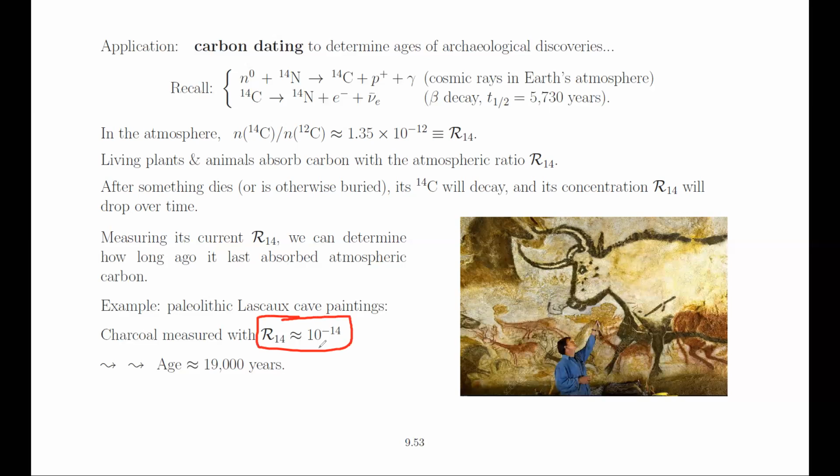The Lascaux cave paintings have something like 10 to the minus 14, not 10 to the minus 12. And that said that this carbon was last exposed to the atmosphere a long time ago. You can work it out from the exponential curve that it's something like 19,000 years old.